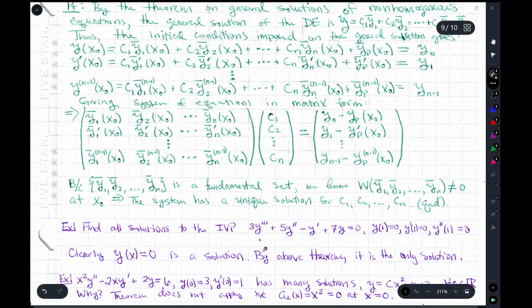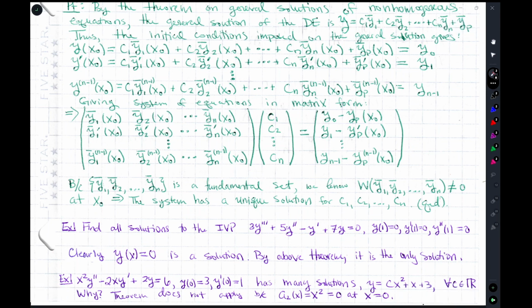So find all solutions to the initial value problem. Here we have a third order equation. So what do we need? Three initial conditions. Here's 1, 2, and here's the second derivative. So again, this always goes up to n minus 1, so it goes up to 2, the second derivative there. Well, take a look at this. What would work? y equals 0 clearly would satisfy that differential equation.